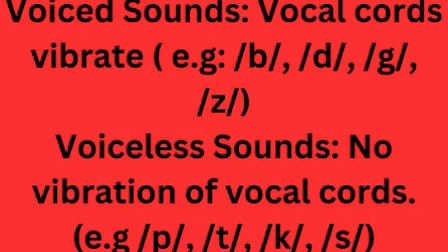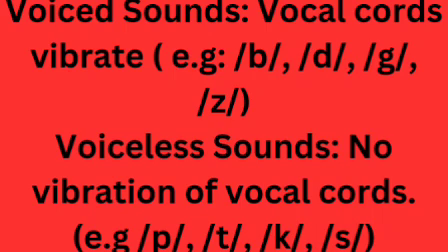Examples of sounds in this category include consonant sound p, as in pets, people. You can put your hand on your vocal cords as well to check. We have t, t, as in time, tent.